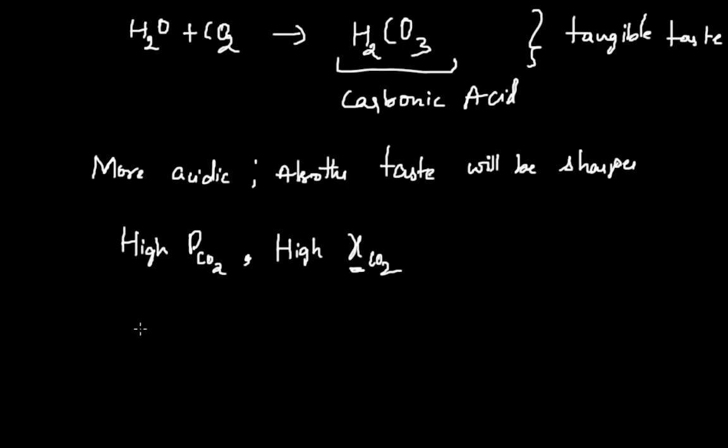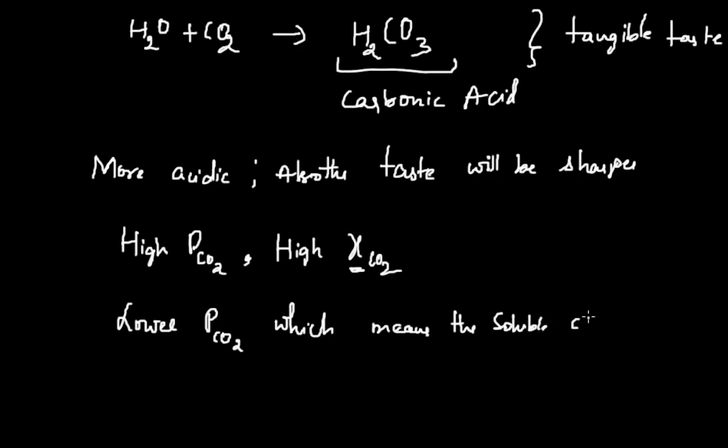Now when you open the bottle, you are exposed to lower pressure of carbon dioxide, which means the soluble carbon dioxide decreases. If it decreases, it has to come out, so CO2 comes out.